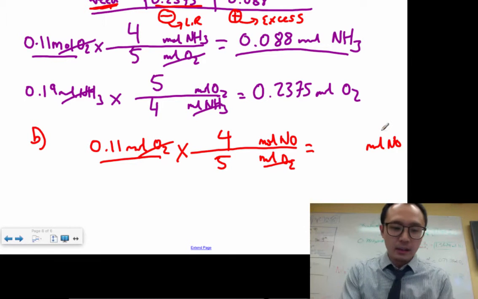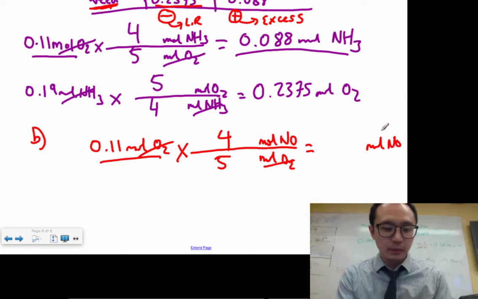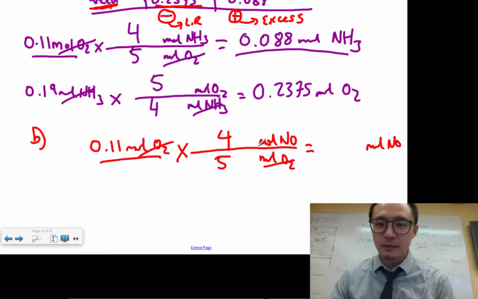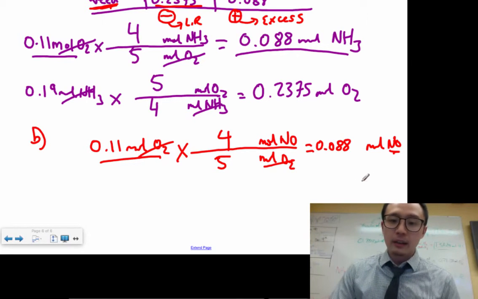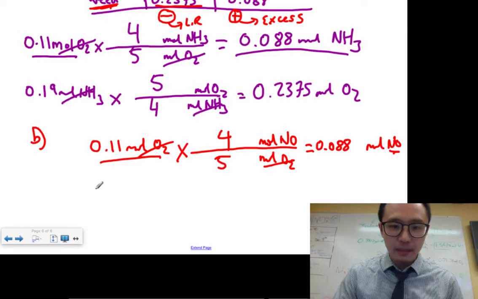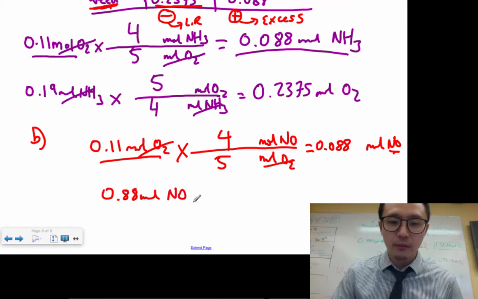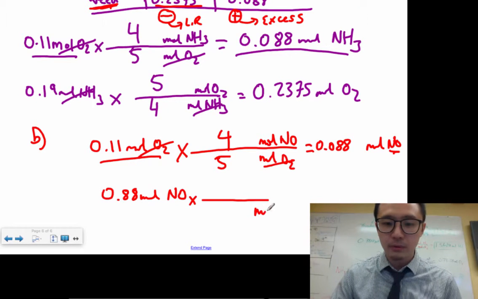Let's do 0.11 times 4 divided by 5. This gives me 0.088 moles of NO. Since the question is asking for grams, I need to convert this 0.088 moles of NO into grams. So moles to grams, 1 mole. How many grams are there in NO? This is going to be 14 plus 16.